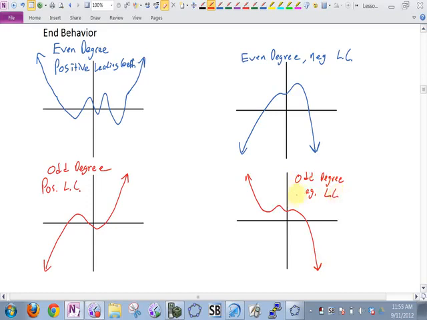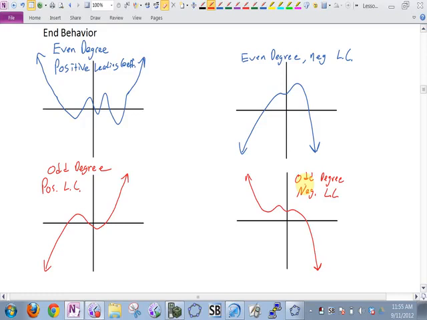So do we all remember that? Okay, this should be very much common sense, because as your inputs get really, really extreme, it's the first term of your polynomial that really takes over and represents the polynomial the most, right?